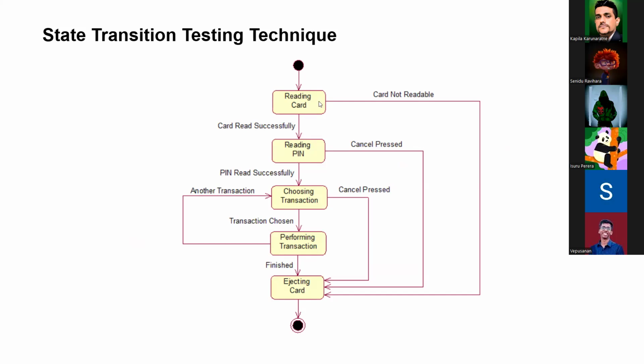If the card is not readable, it will reject. If you are entering the pin, if it's the correct pin, it will continue. If you put an incorrect one, it will cancel. If you are choosing the transaction, you can continue or cancel. So perform the transaction, eject the card and end. Or you can go back to the previous activity and do another transaction.